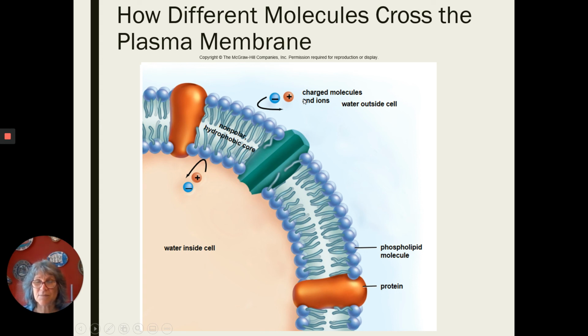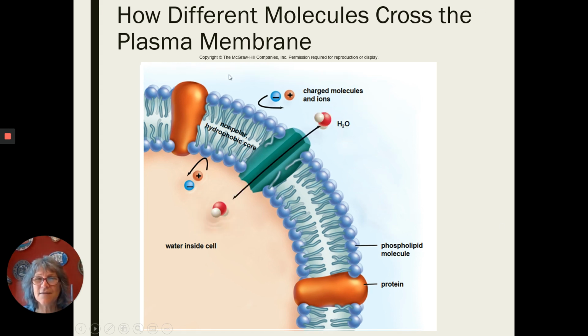Small charged molecules or ions that have a charge are going to be repelled by the glycerol heads, so they can't cross the membrane. They're going to have to go through a special protein, through one of those channel proteins. Water has its special protein, its aquaporin, to go through.